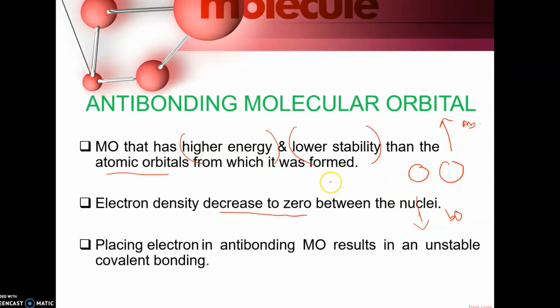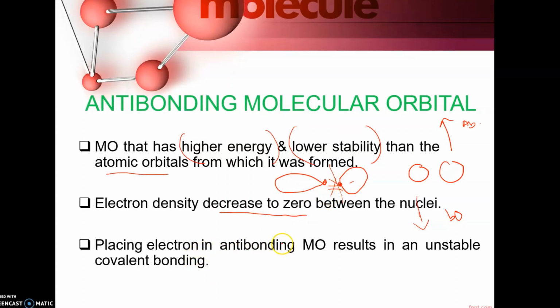Before, the density was between the nuclei, but now the electrons are away from each other, so here there is no electron density; it decreases to zero. Placing electrons in this anti-bonding molecular orbital results in an unstable covalent bond.